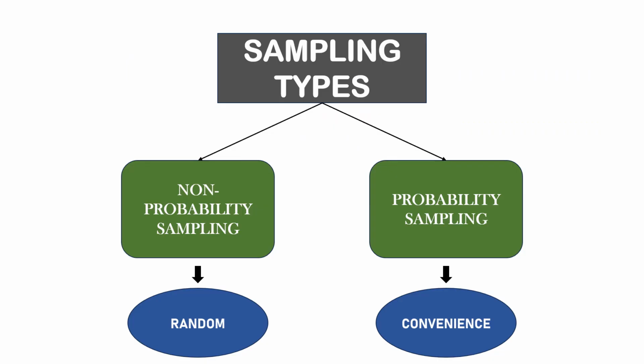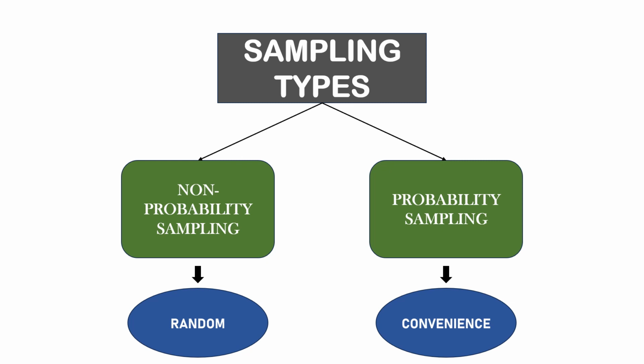Sampling types are mainly of two types, non-probability sampling and probability sampling. Probability sampling is based on the concept of random selection, whereas non-probability sampling is non-random, purposive, or done on the basis of convenience.